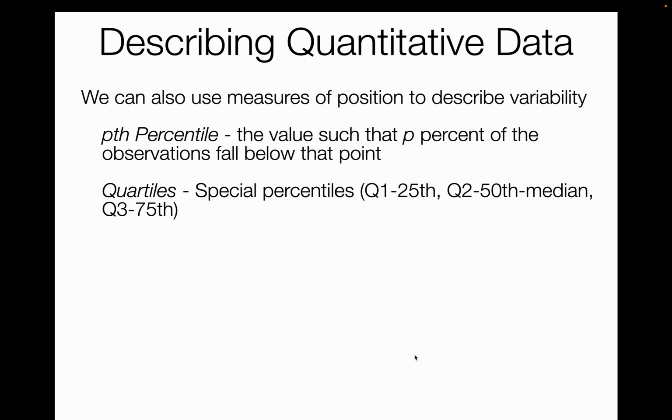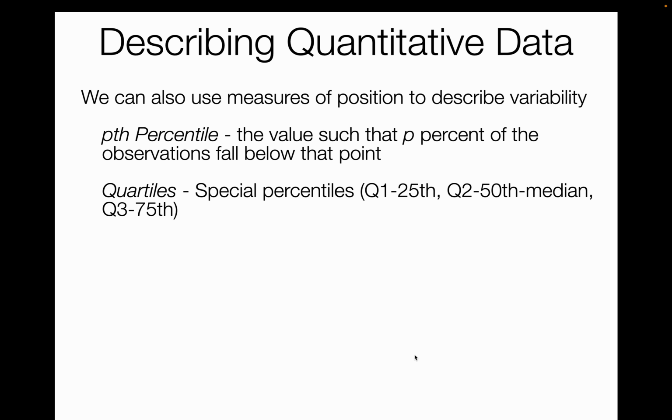The first quartile, which we'll call Q1, is the 25th percentile. The second quartile, Q2, is the 50th percentile, which is also special, and that's called the median. They're all the same. And then Q3 is the 75th percentile. So we cut the data at 25, 50, and 75, and that makes our quartiles.